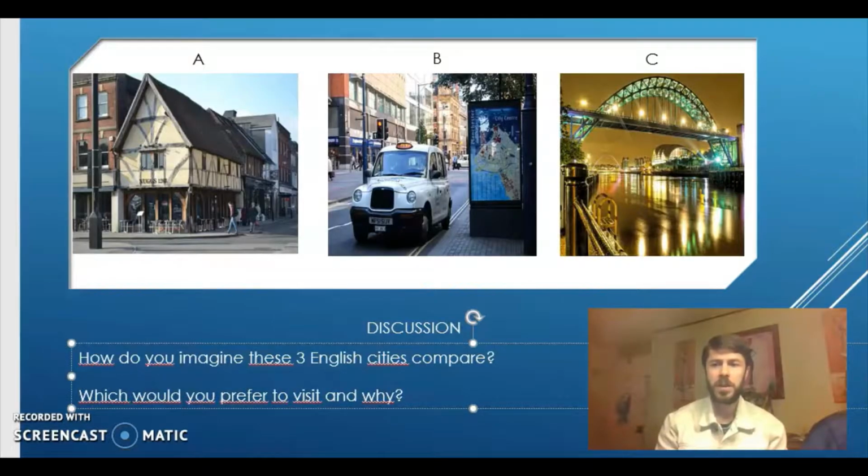Hi, it's Pete Posner here at Big Break English, and in today's lesson, we're going to look at superlatives. This follows on from the last lesson on comparatives in this series of grammar lessons for IELTS.